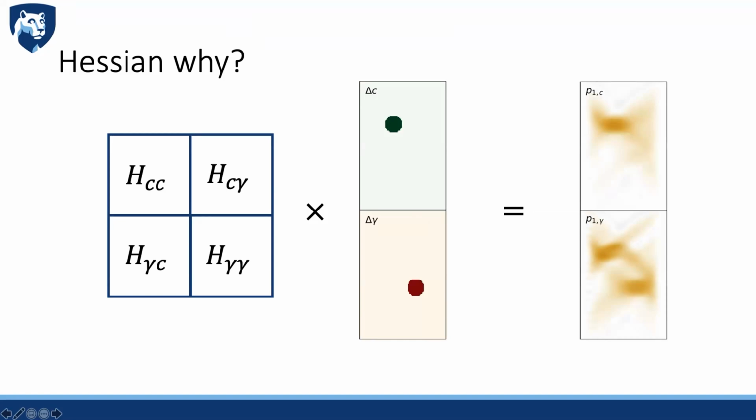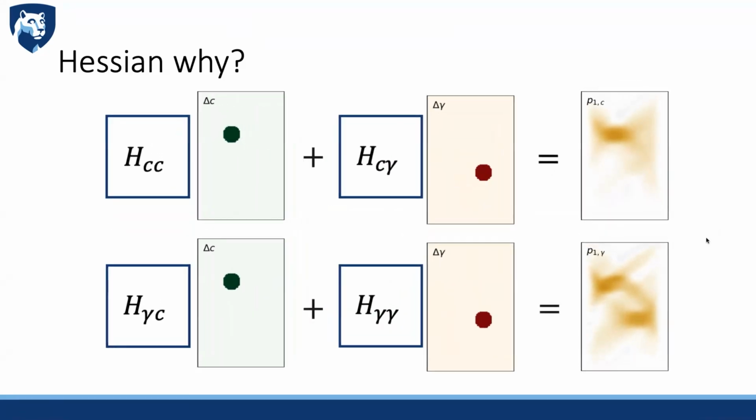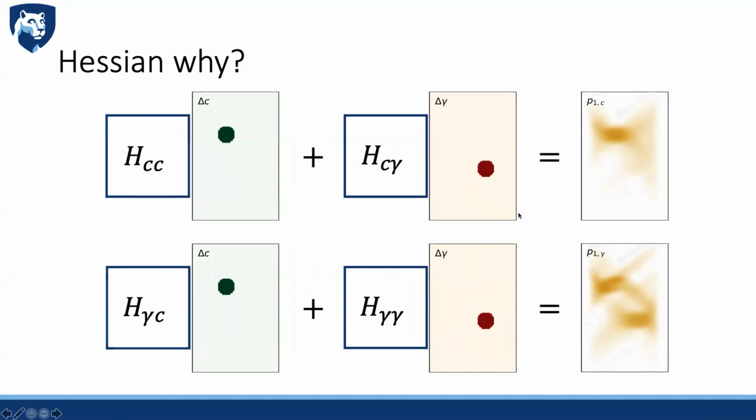And we are wondering where these crosstalk artifacts come from. We can expand this expression into two separate equations, like this. So intuitively, this velocity P1 and this attenuation P1 are both weighted summations of both velocity anomaly and attenuation anomaly. And the weights are determined by the subblocks of this Hessian.